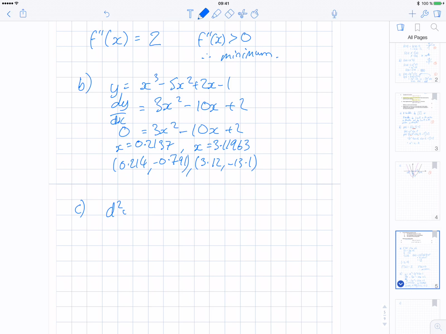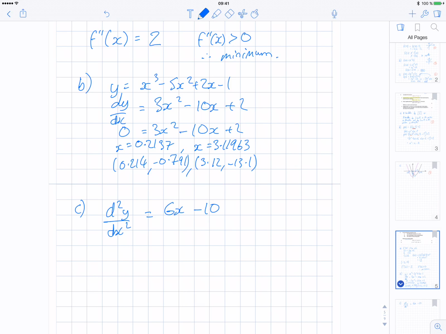So I'm going to do d2y by dx squared is equal to 6x minus 10. I differentiate the dy by dx again, and then I substitute my values of x in. Now, I think it should be pretty obvious.